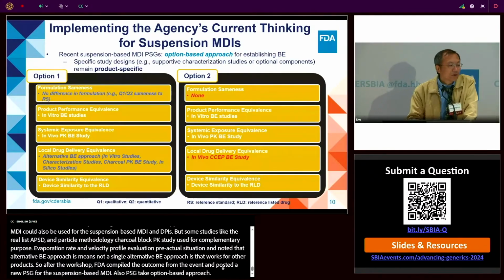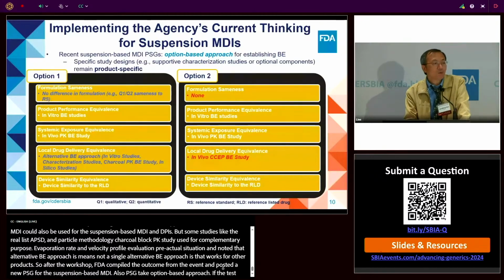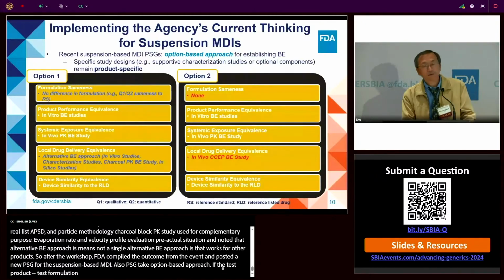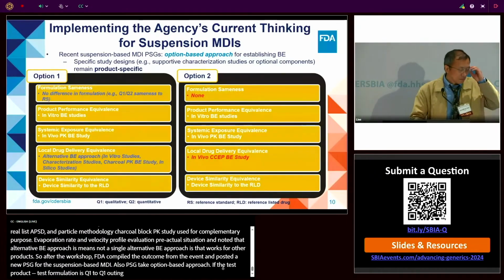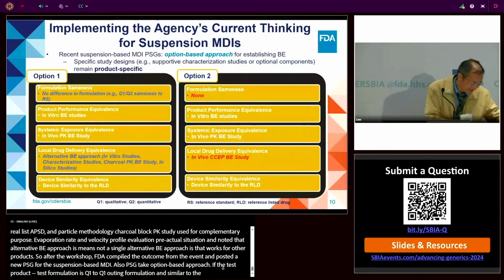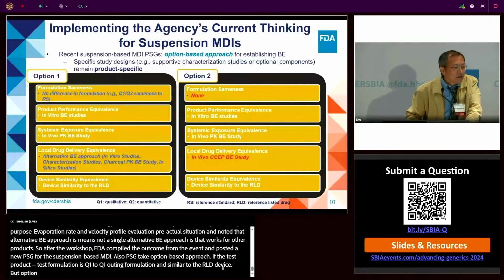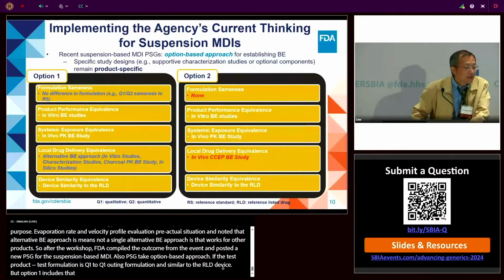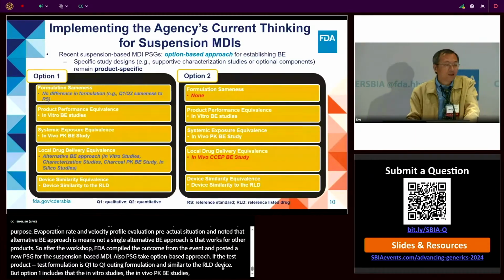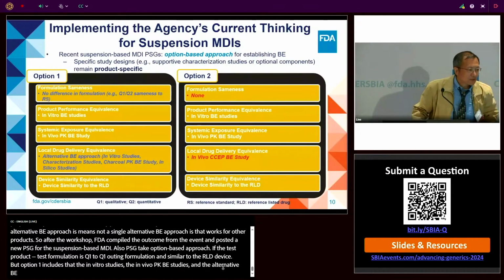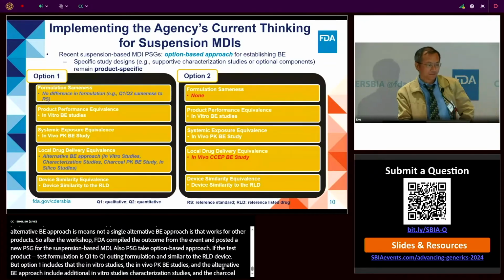If the test formulation is Q1, Q2 the same as the RLD formulation, and the test device is similar to the RLD device, option 1 includes the conventional in vitro BE studies, the in vivo PK BE studies, and the alternative BE approach, which includes additional in vitro BE studies, characterization studies, the charcoal block PK BE studies, and the in silico studies.